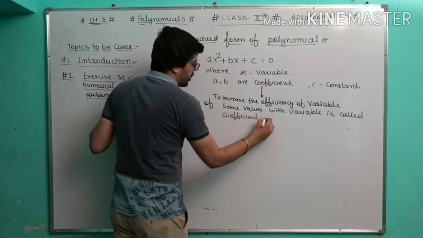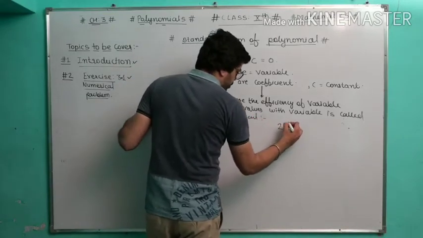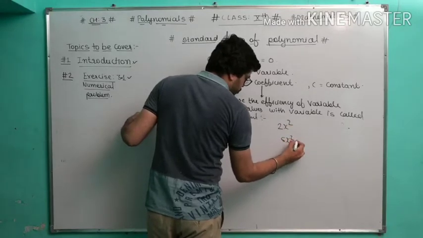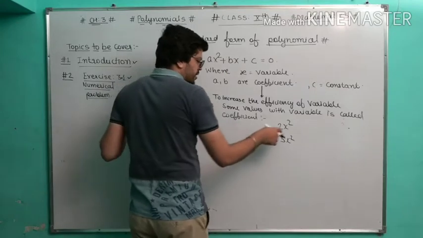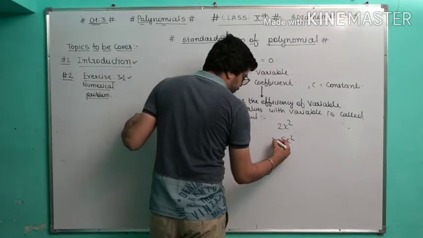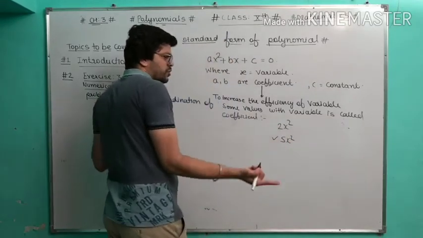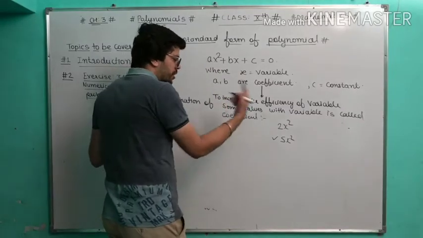Let's try to understand what this is. Suppose I talk about 2x square and another 5x square. Just give me the answer: which one is consisting of the maximum? You can see that it is 5x square. How can you say that 5x square is more compared to 2x square?